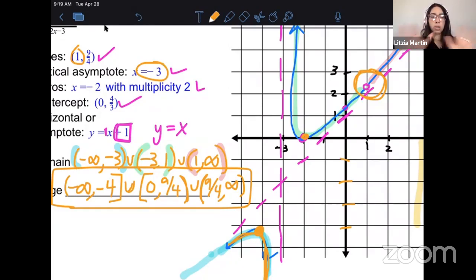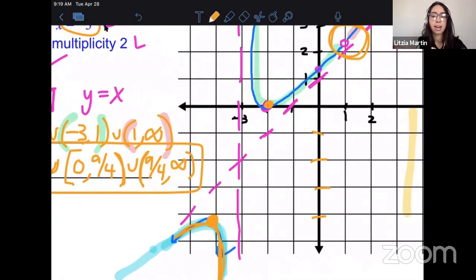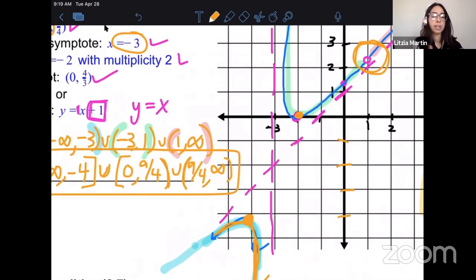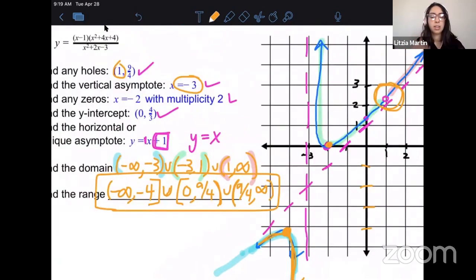I may give you a graph, and then you have to find the domain and range from that graph. So if you have something like this, you'll know the exact coordinates of that, so you'll have an exact range. Or I may not give you a graph, and maybe you just have to find it from the equation. And so in that case, I wouldn't give you a problem where you wouldn't be able to easily find those coordinates.